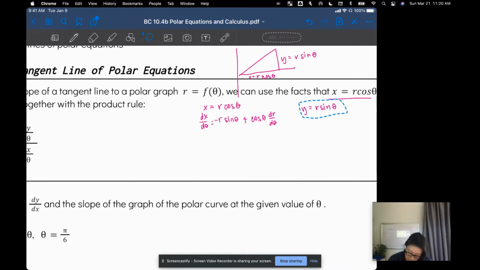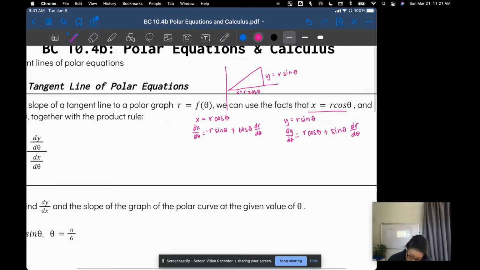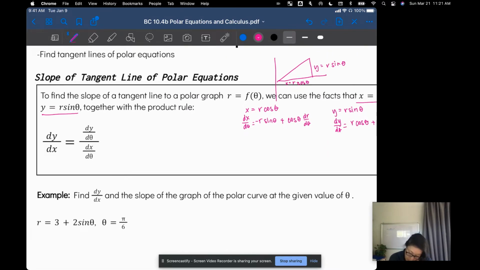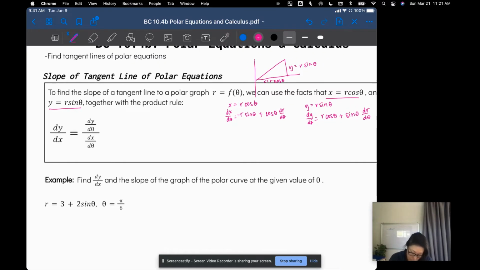Okay, now we're going to take the derivative of y with respect to theta. So we get left is r times cosine theta plus right is sine theta times the derivative of the left, so dr d theta, since it's implicit differentiation here. All right, so we can write the derivative of a polar equation as dy over dx, or in other words, dy d theta over dx d theta.